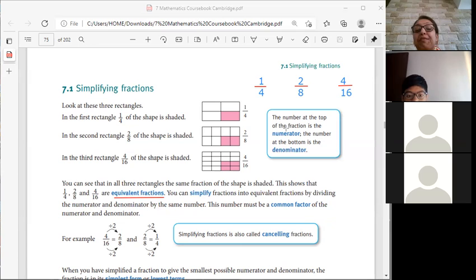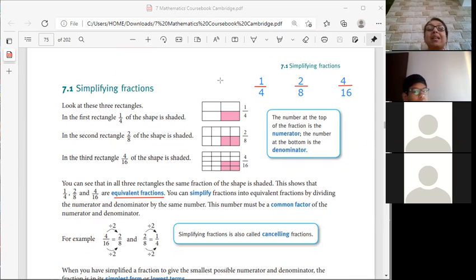Yes, when you further cannot reduce it, you will call it to be in its lowest term. If you further cannot divide it, or if you further cannot reduce it, you will call it to be in the simplest form or the lowest term.